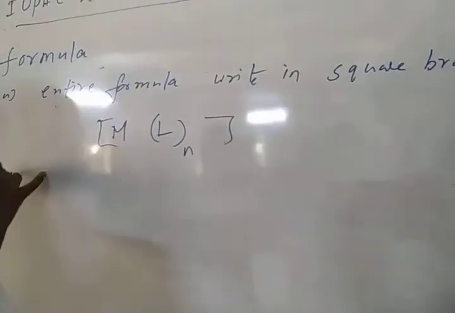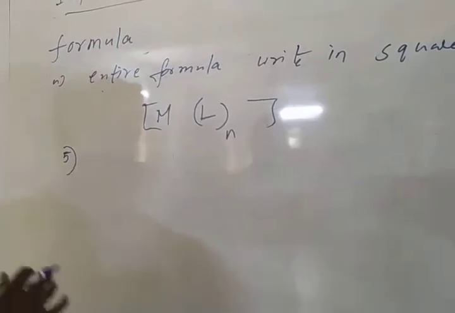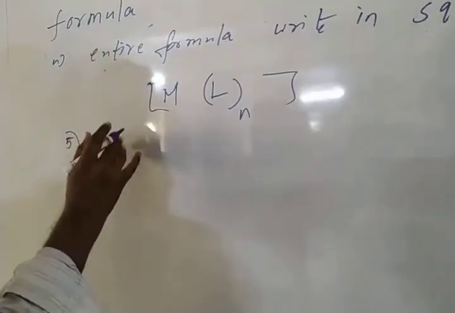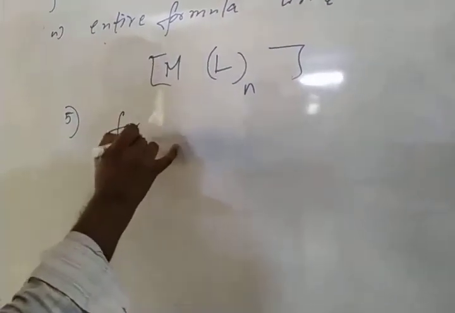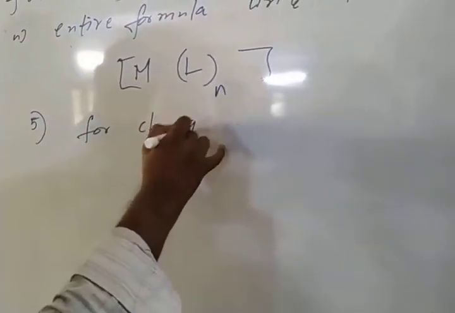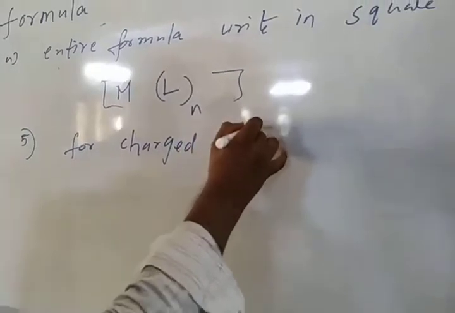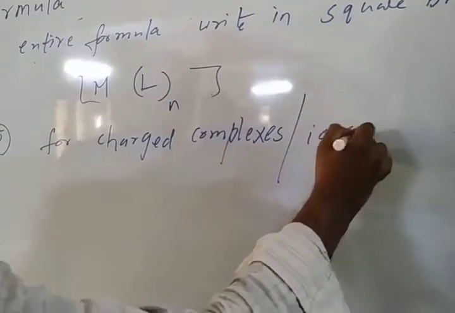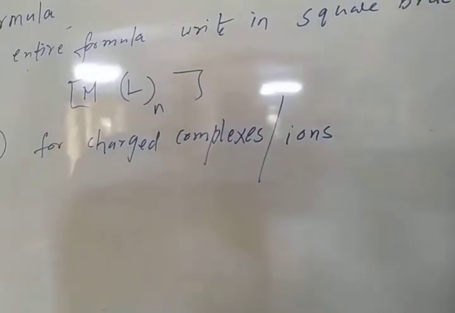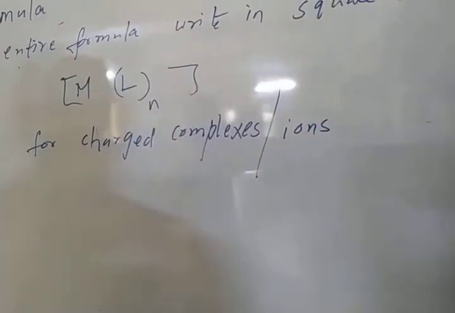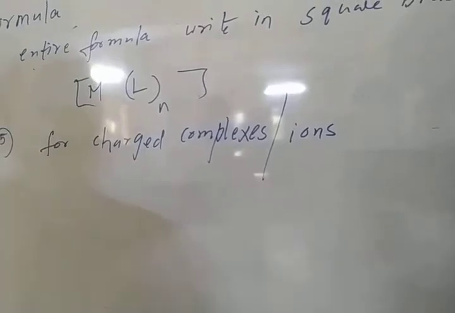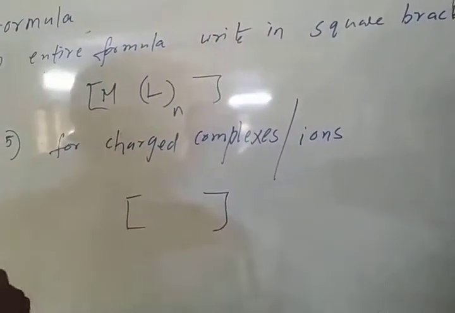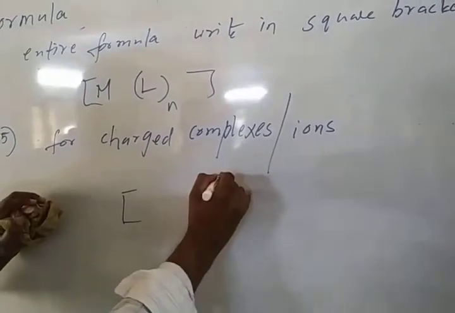Next, the charge. For charged complexes, that means for ions, charged complexes are nothing but ions. For charged complexes, the charge will be represented on the right side as a superscript.